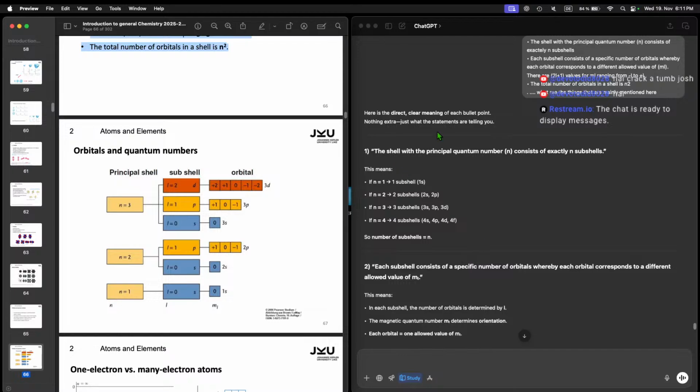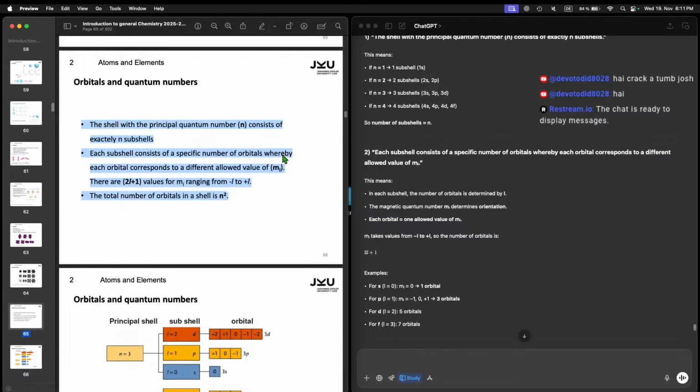Here is the direct, clear meaning of each bullet point. The shell with principal quantum number n. I got this one. Each subshell consists of a specific number of orbitals, whereby each orbital corresponds to a different allowed value of m_l.